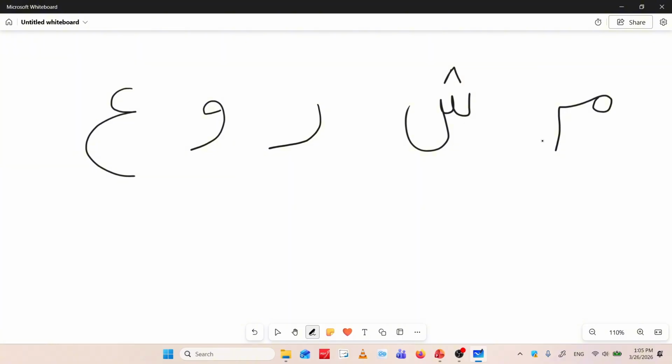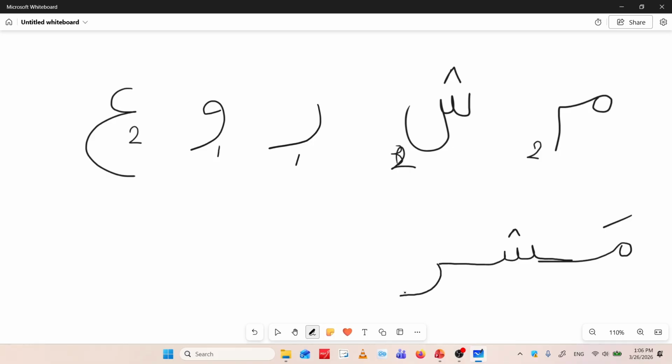Meem is a two-way connector. Sheen is a two-way connector. Ra and the waw are one-way connectors. And then we have the ain. So we will write the initial meem. Then we will write the sheen. This is the sheen in the middle.